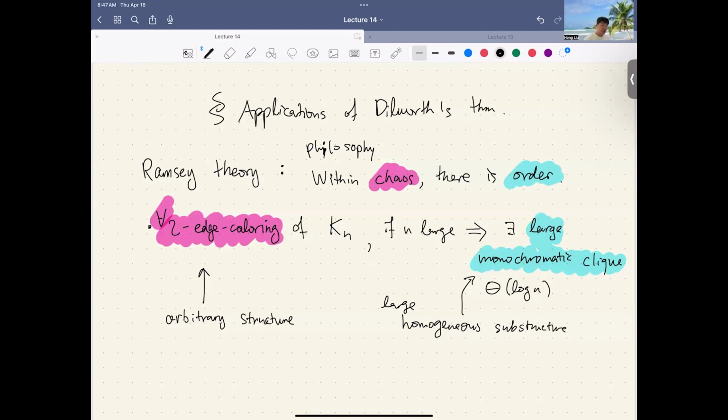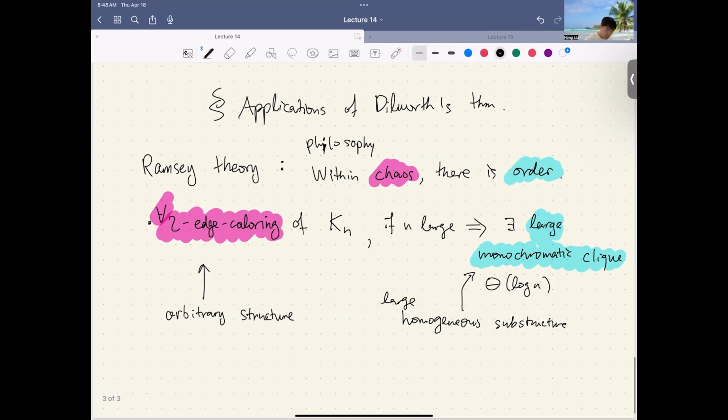Here, homogeneous means the same color. In Dilworth's theorem, homogeneous means that in the poset, you can find elements that are either pairwise comparable, so they form a chain, or pairwise incomparable. So for every pair, they have the same relation.